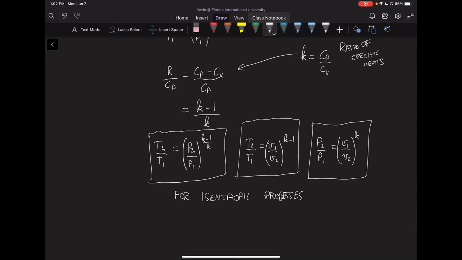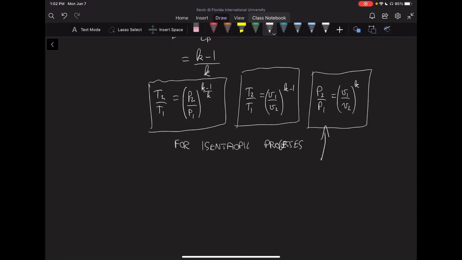And the really interesting thing about this is that if you remember, this is a special case of a polytropic process. If you look at this equation, we can say that for isentropic processes, P V to the power of K is equal to a constant.